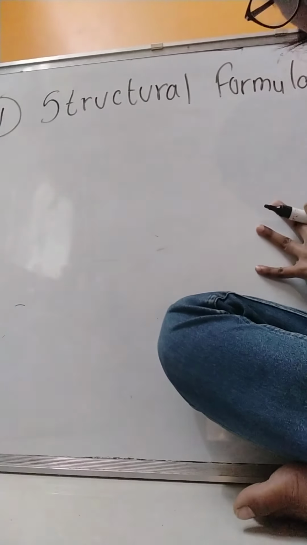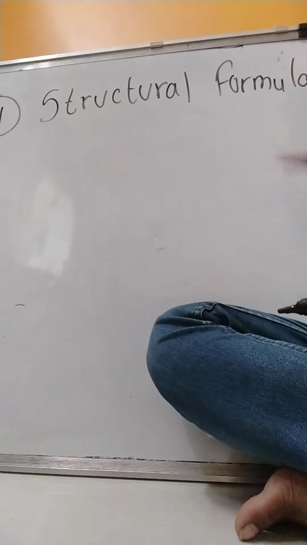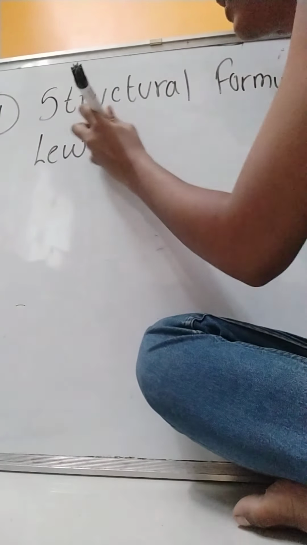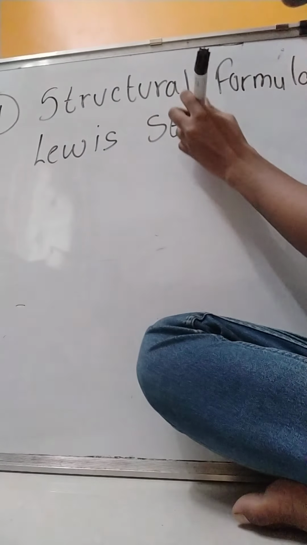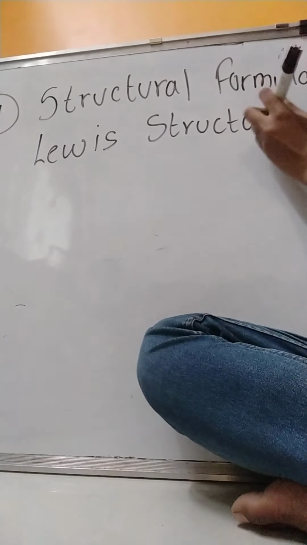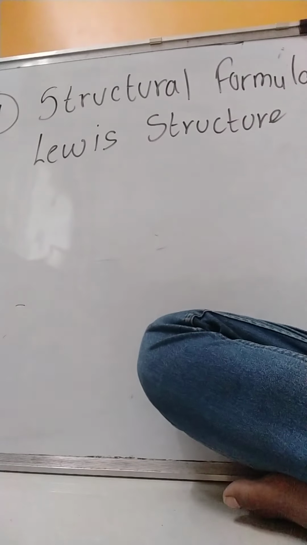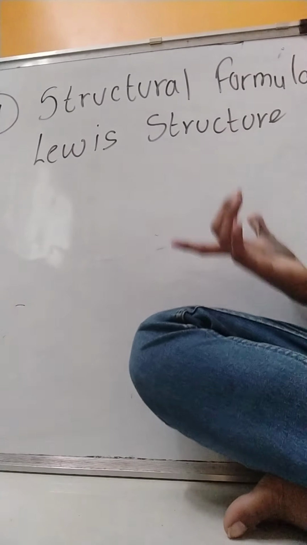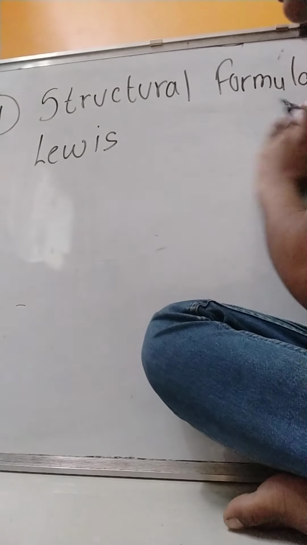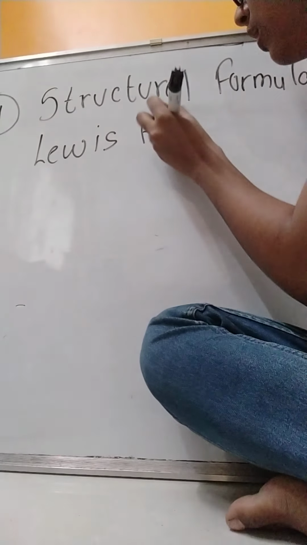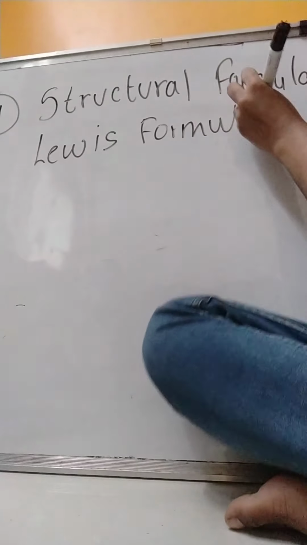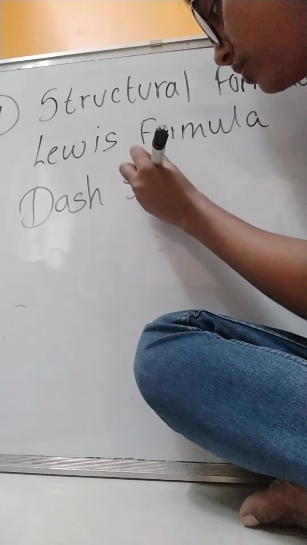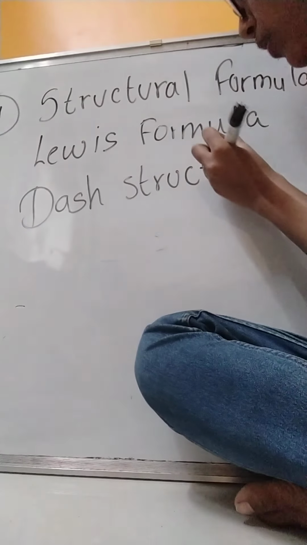We also call this the Lewis formula, or simply the dash structure or dash formula.